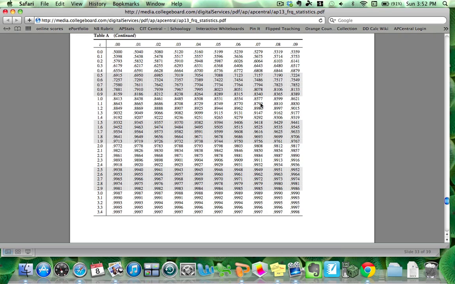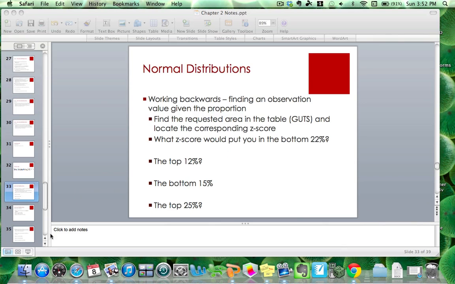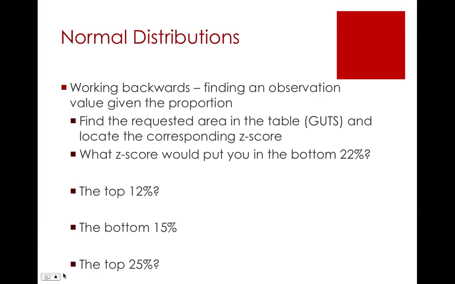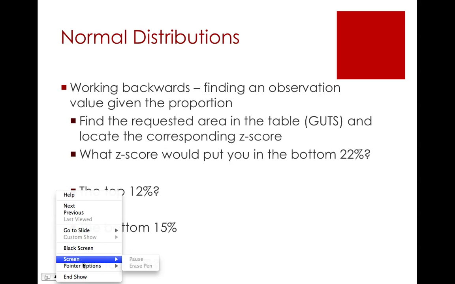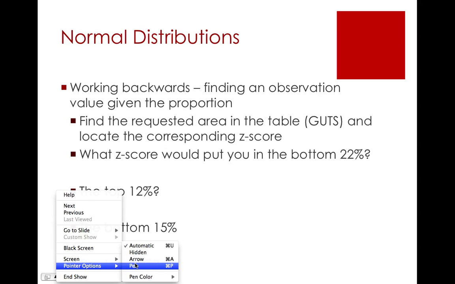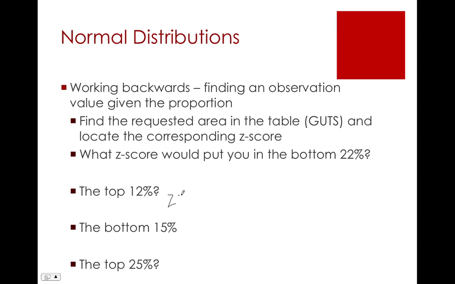So that gives me a z-score of 1.17 or 1.18. Or if I wanted to average them together, I can call it 1.175. Any of those would be okay if we're solving a problem.